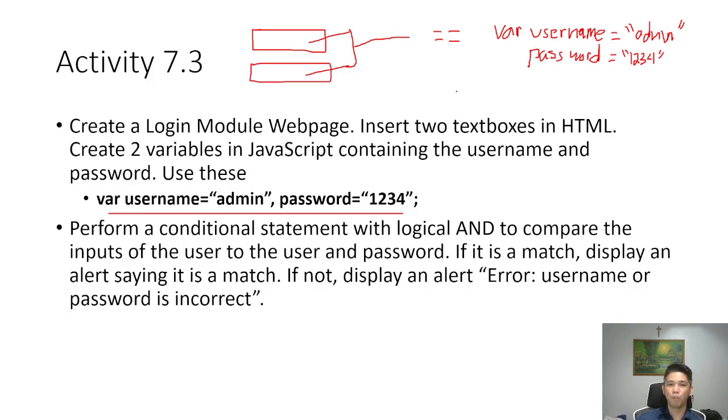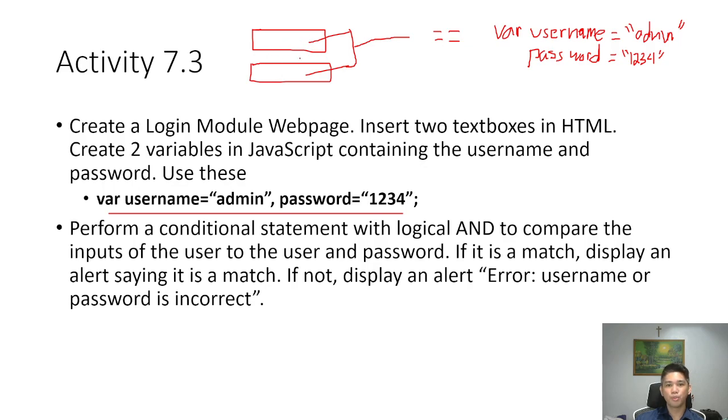Again, you will need to get the values of those 2 text boxes and then compare them to the username and password. So you already have 2 variables here.